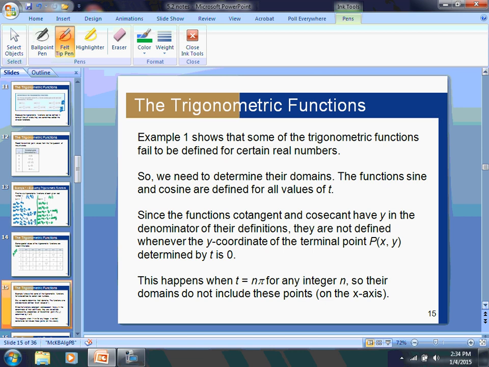Anytime they have a denominator that's going to be 0, that's where they're going to be undefined. So cotangent and cosecant have a y in the denominator, so they're not going to be defined whenever that y coordinate of a terminal point is 0.